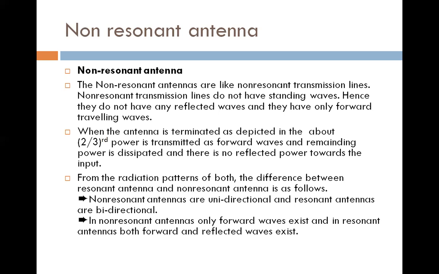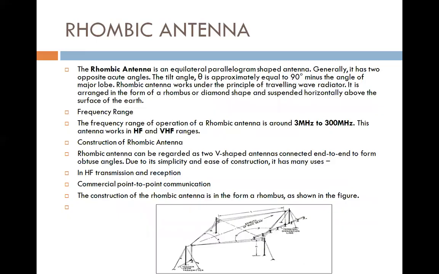Second, proper termination is required at the end. Third, a standing wave does not exist on the non-resonant antenna. Only the forward wave is present in the non-resonant wire antenna. And the rhombic antenna is an example of the non-resonant antenna. So this is the scenario of the resonant and non-resonant antenna.